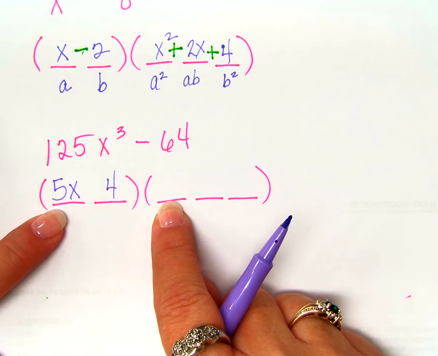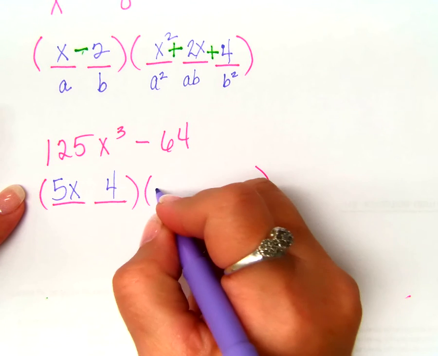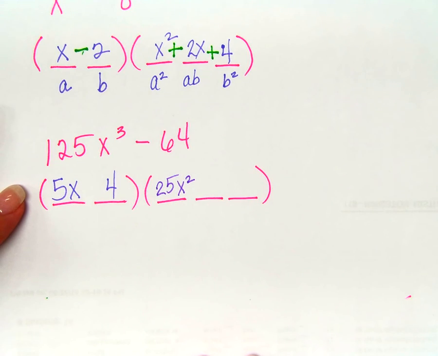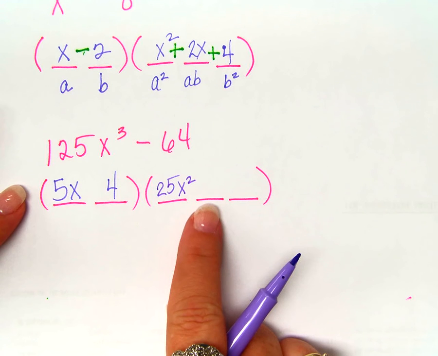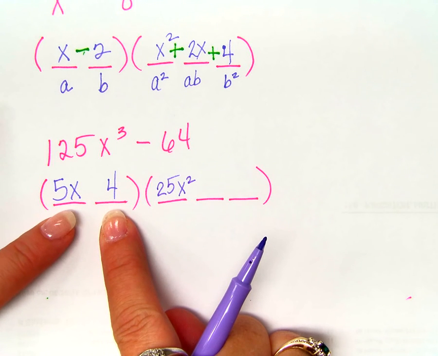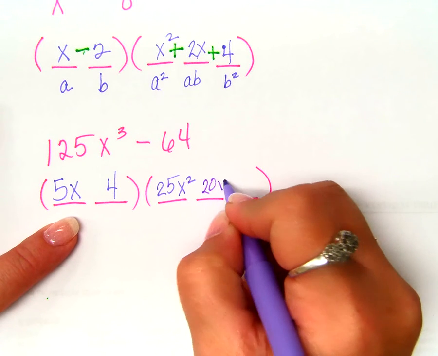Square the first term in the binomial. What is 5x squared? What's 5 times 5? What's x times x? So 25x squared. How do I get the middle term of the trinomial? Yeah, multiply these two terms together. 20x.